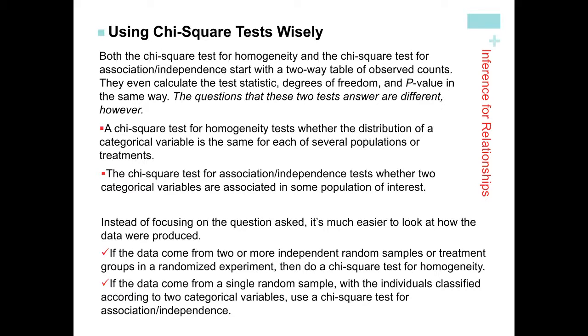If you're just taking a single sample and you're recording the variables with that one sample, then that's going to be your chi-square tests of association.